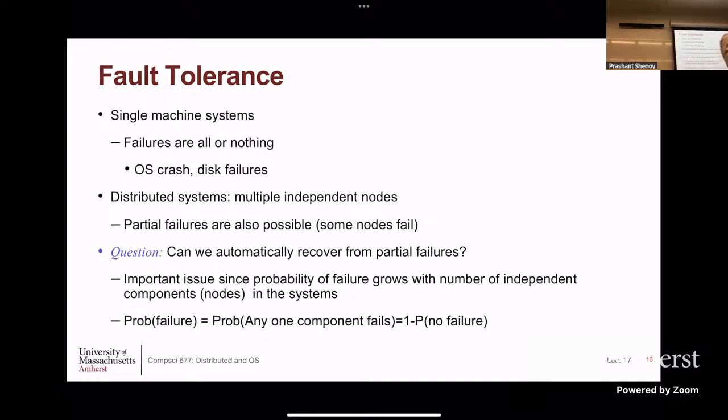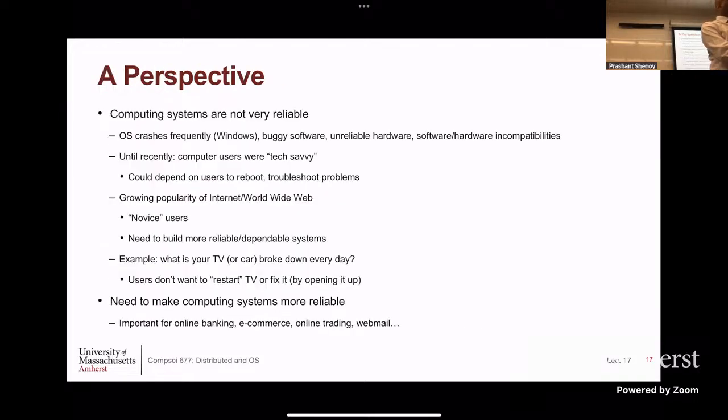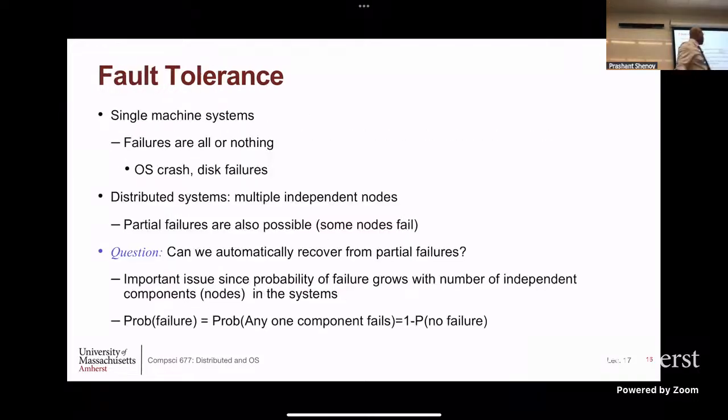Now, the reason this is important is that when you have larger distributed systems, the probability of a failure keeps going up. This is a simple equation, but it's something you have to keep in mind. If you have n components in your system, n machines, the probability of a failure is the probability that any one machine fails. One or more machines failing is a failure.